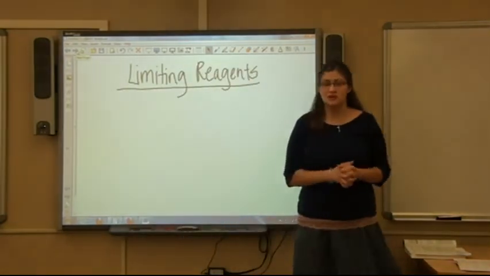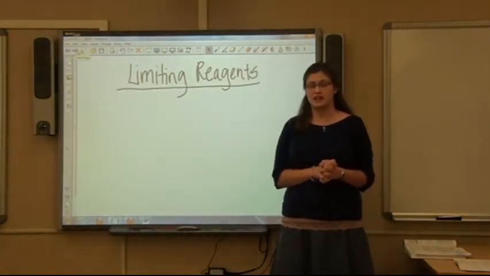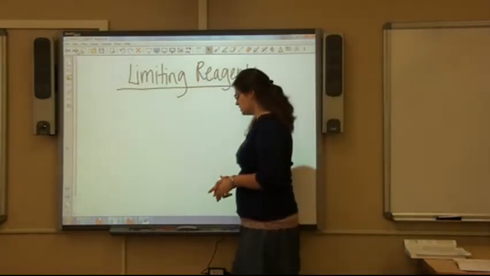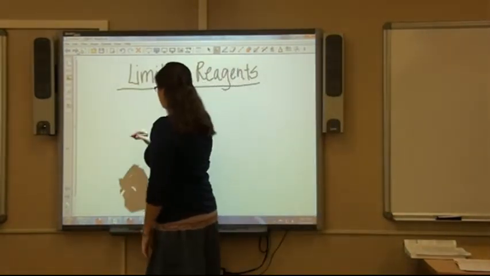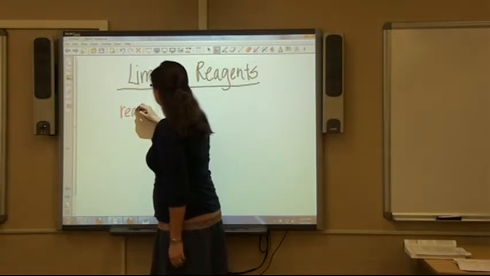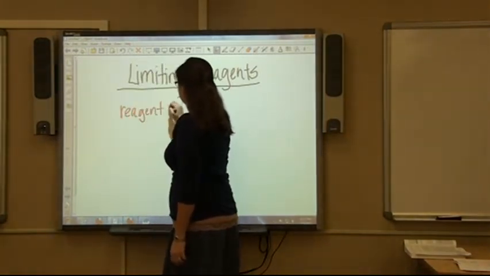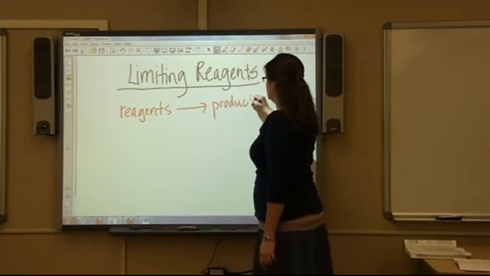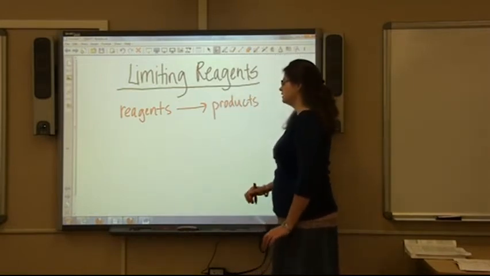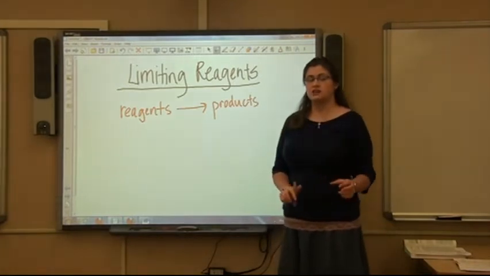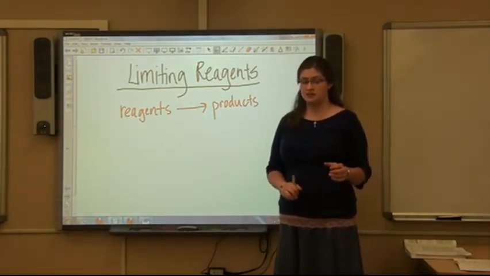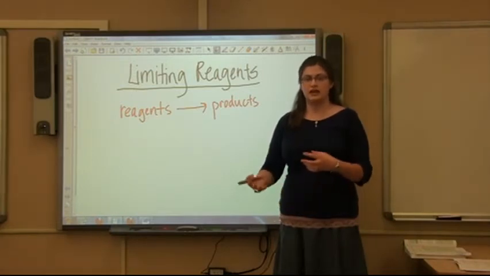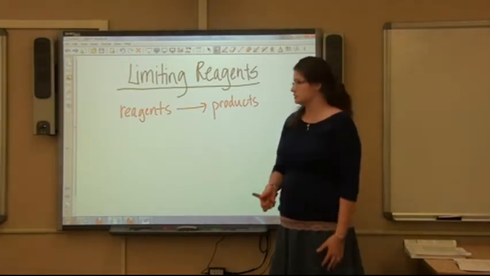Okay, today we're going to be talking about the limiting reagent concept. So in the whole topic of limiting reagents, we need to review the general form of the chemical equation. On our last lecture, we talked about the equation as starting with reactants that undergo a reaction and then producing products.